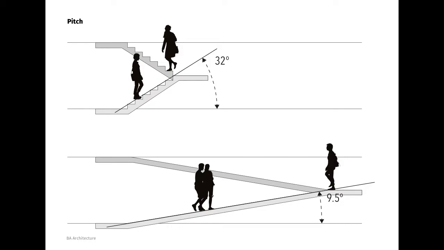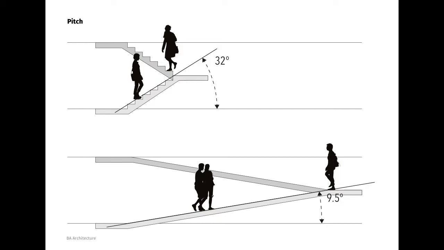If you haven't got so much space and you need to move people more efficiently, then the staircase is going to be the way to go, and it's going to have a steeper pitch. So the top example, for example, is 32 degrees. And there is a range of acceptable pitches for staircases and a range of acceptable pitches for ramps.